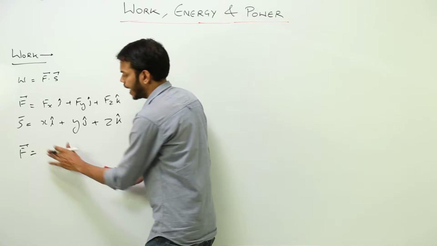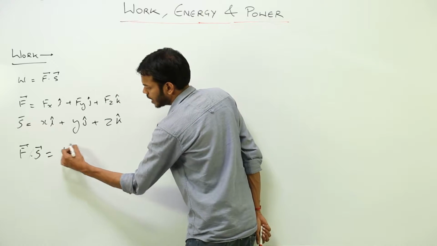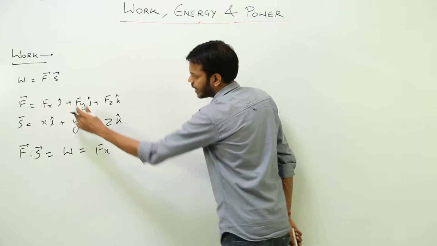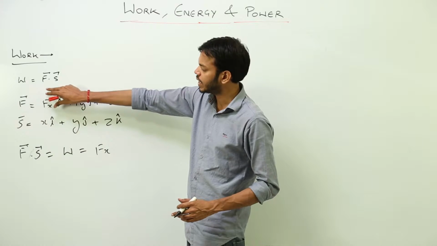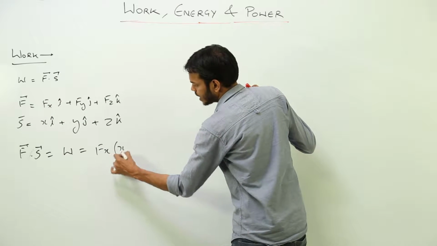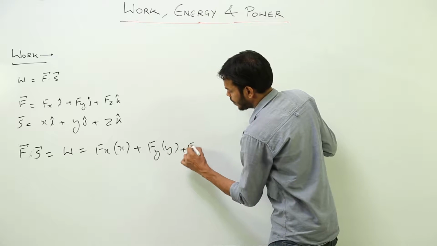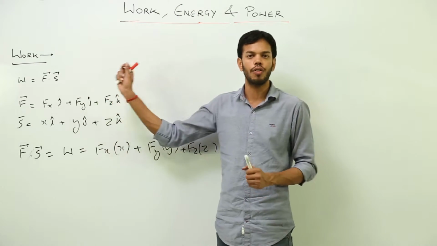Instead of writing F dot S, you can simply write work done is equal to the dot product of these two, which would be the x component into x component, that is i component into i component, Fx into x plus Fy into y plus Fz into z, right? This will be the straightforward answer.